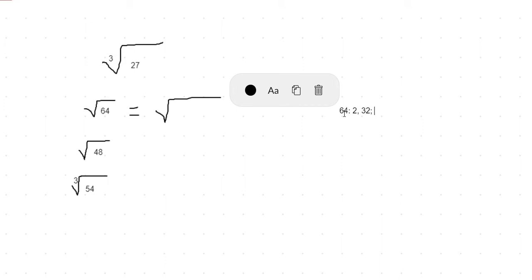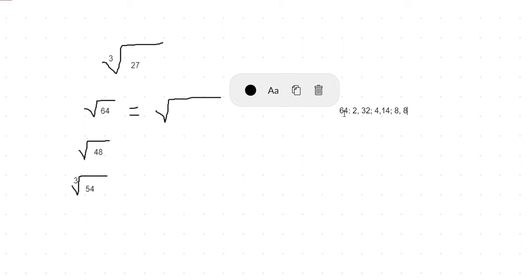Now, if I knew anything about perfect squares, I know neither of those is a perfect square. Now, 3 does not go into 64, but 4 does. 4 goes in 16 times. And then 5 doesn't go in, 6 does not go in, 7 doesn't, but 8 does.